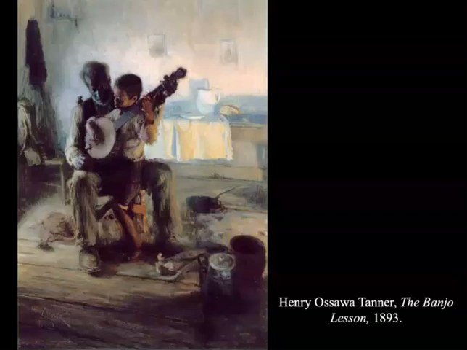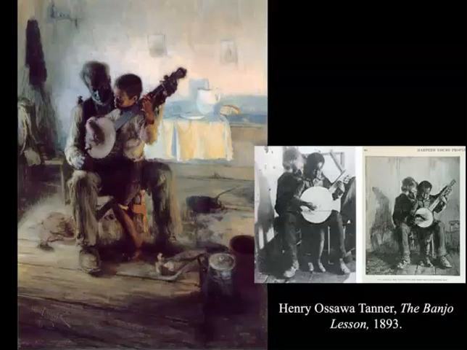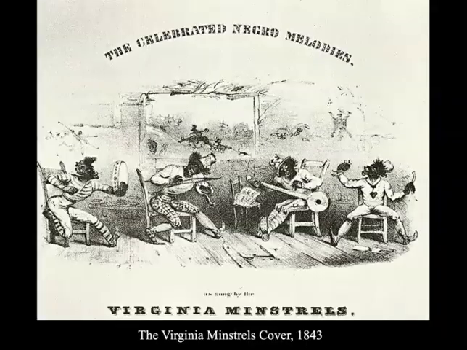A lot of information that focuses on this work talks about what Tanner was trying to depict. He did study a lot of images of figures playing banjos to get the right scene for this particular work, and to get the proportions and ideas right. But a lot of his work is in reference to some of the racist issues and ideas circling in the South at the time, especially among minstrel shows, and the way that Black men were being portrayed.